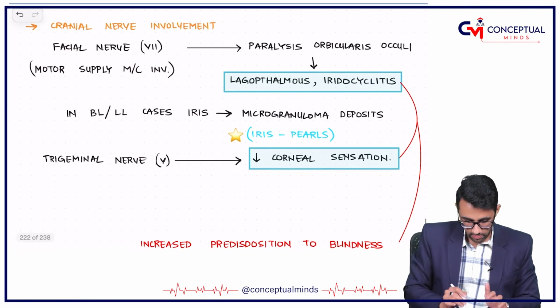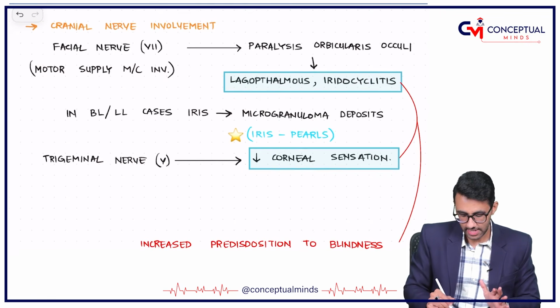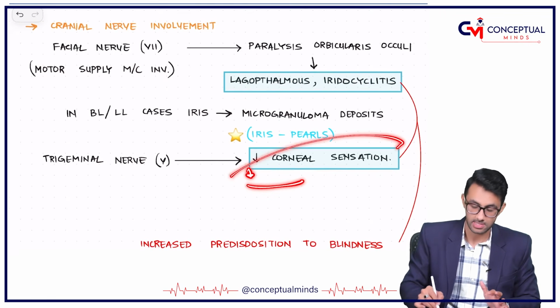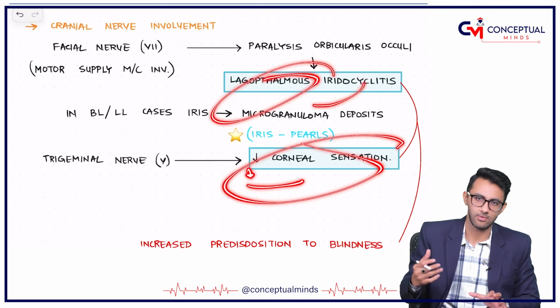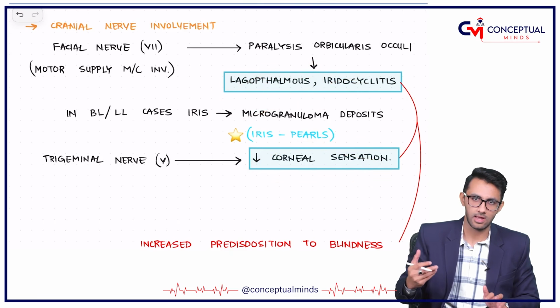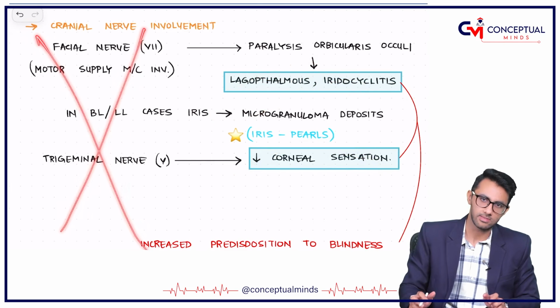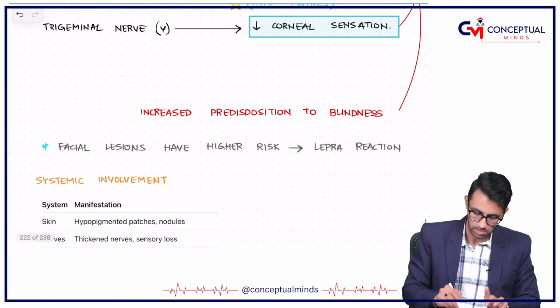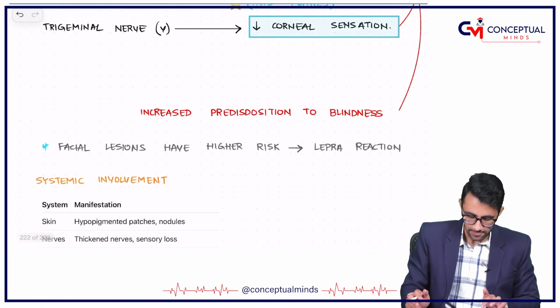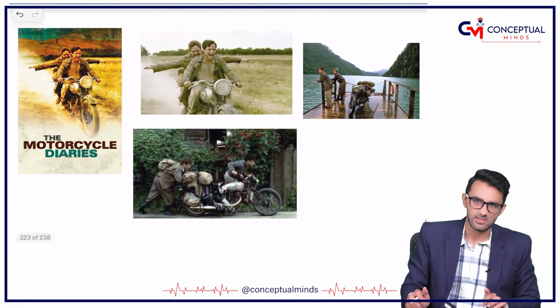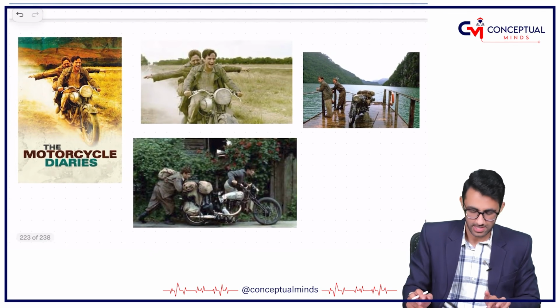Trigeminal nerve, because of the involvement of this, there is a decrease in corneal sensation. You see, there is no corneal sensation. There is lagophthalmos, and there is anterior uveitis. So the patient doesn't know how bad a problem he is in right now, because the nerves are involved. The sensations are gone. He is predisposed to blindness. Okay. We had some good moments about the Motorcycle Diaries.